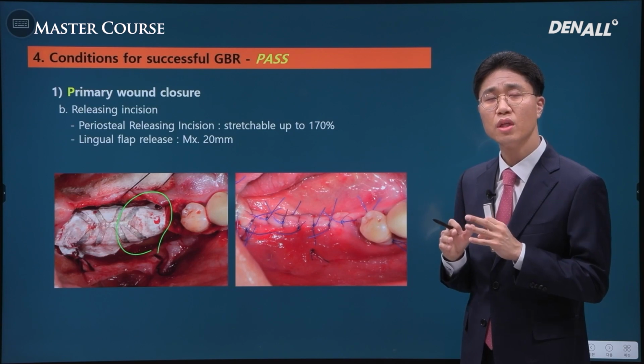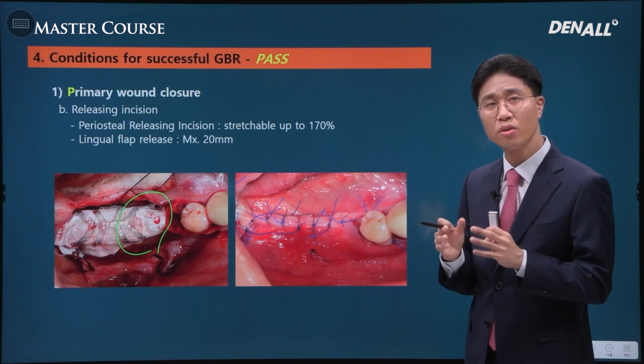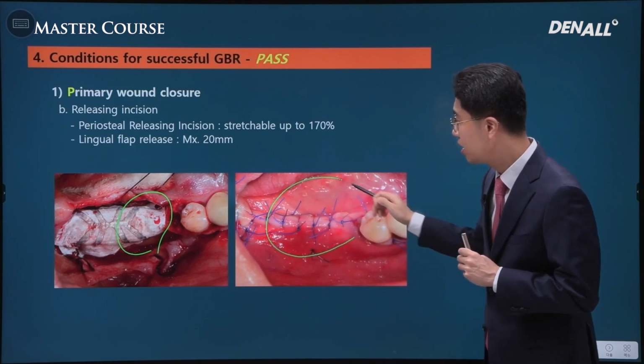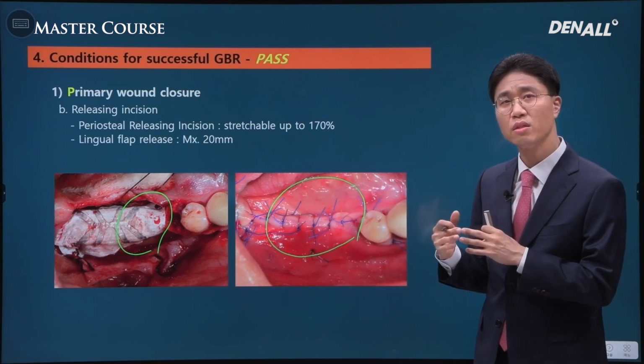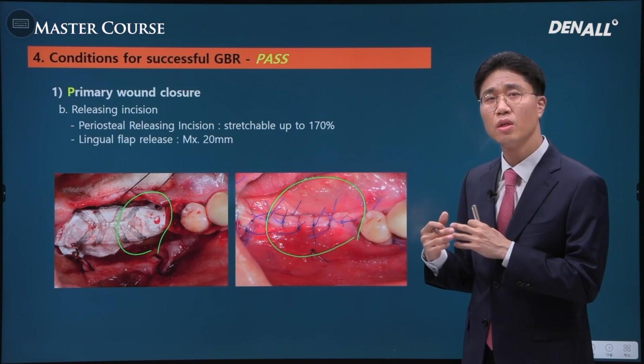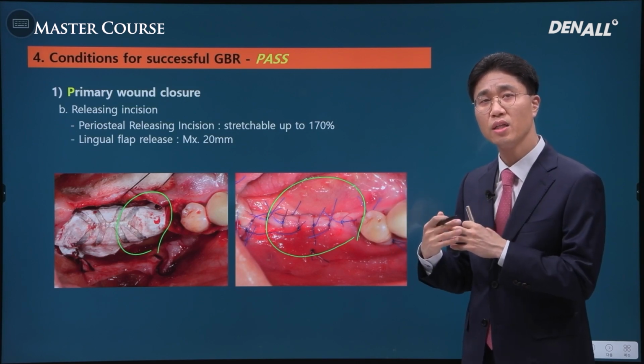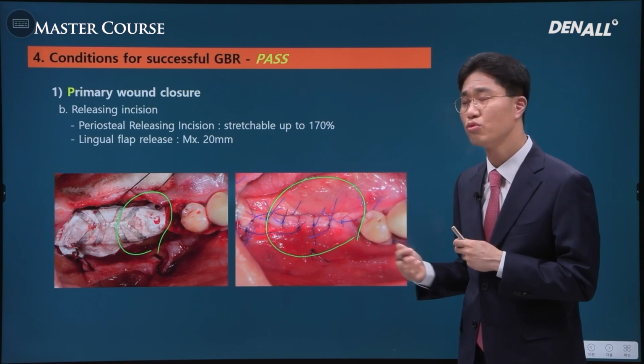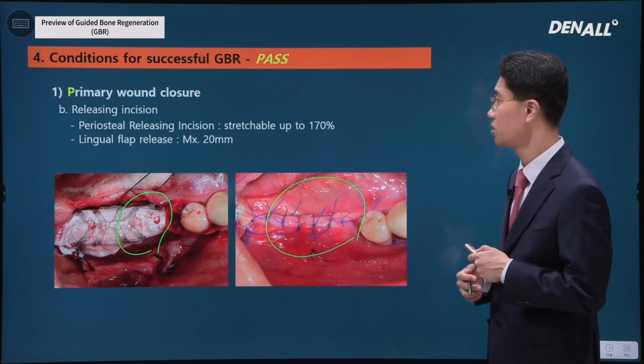In whatever case, in order to get successful GBR, in the final stage of surgery, appropriate suture is necessary. Suture is important in the sense that we need to get primary closure and good soft tissue healing in order to get the desired results.